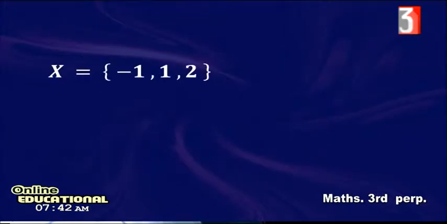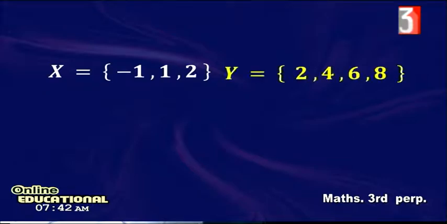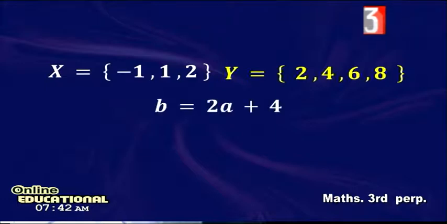Now if X equals {-1, 1, 2}, and Y equals {2, 4, 6, 8}, and the relation is b equals 2a plus 4. Now by substituting when a equals -1, it is 2 times -1 plus 4 to obtain a result as 2.